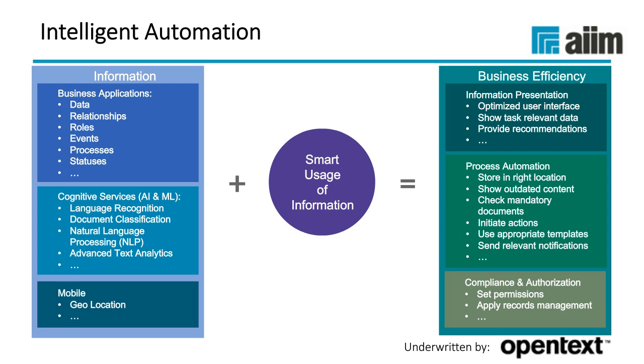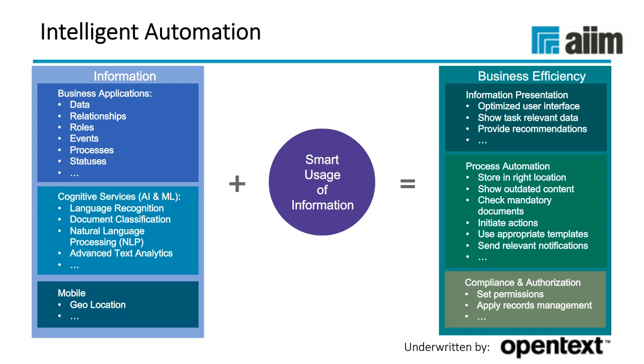There are others, the big vendors like Google, Amazon, they also provide cognitive services. Maybe there are some services we do not have. So let's integrate these services and then process them in a smart way so that we can again improve what we are actually showing to someone working with our application.